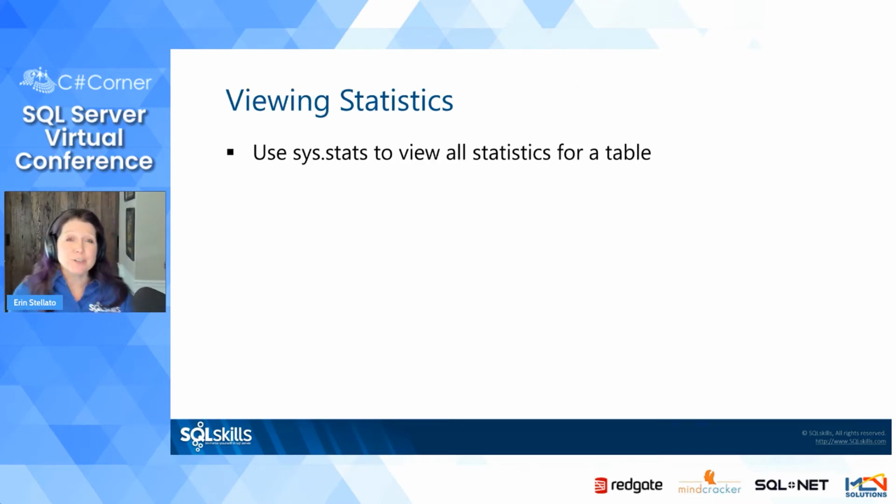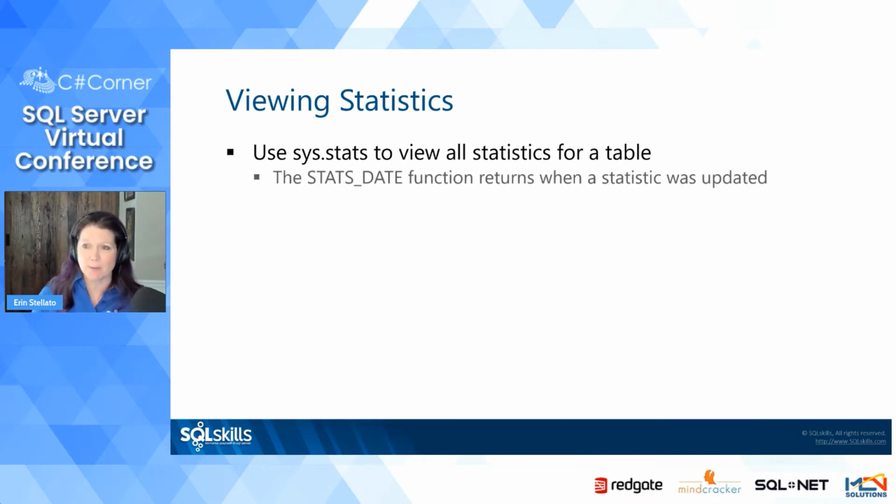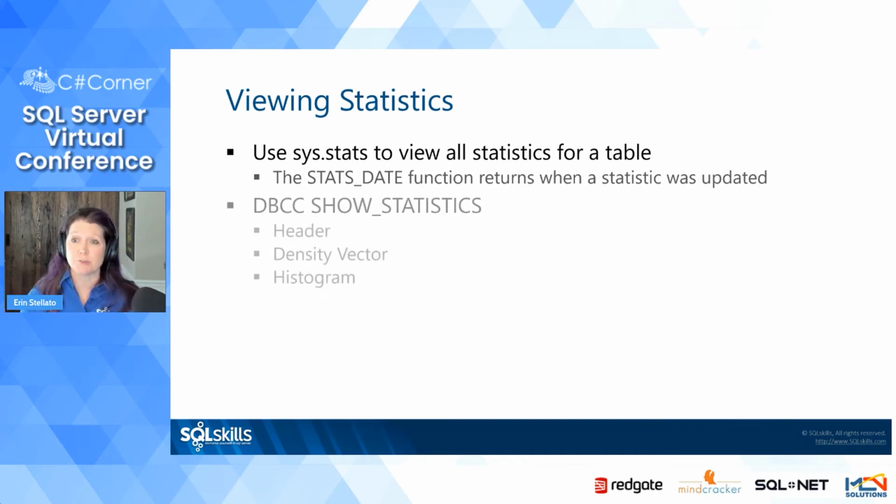Now, how do we look at stats once they've been created, whether they're created automatically or whether we've created them manually? The easiest thing to do is use sys.stats, and that's how we can view all stats for a table. The STATS_DATE function tells us when a statistic was updated, which can be really important when we're troubleshooting.